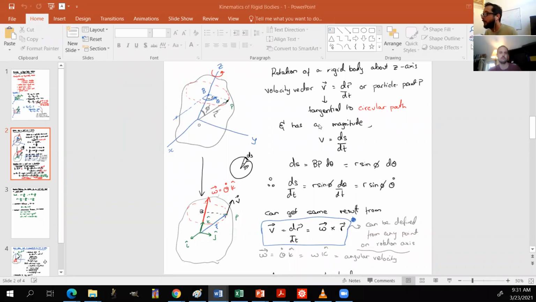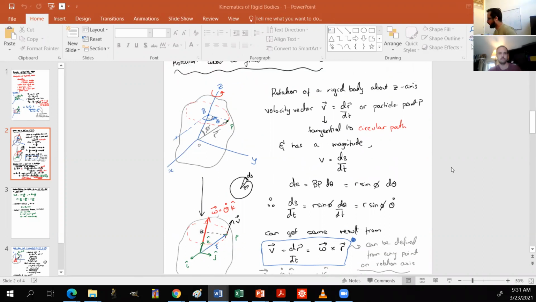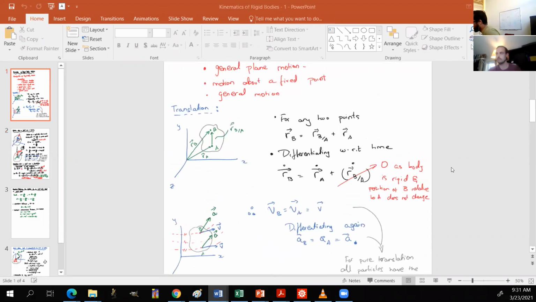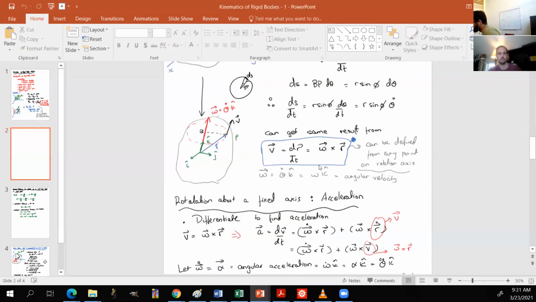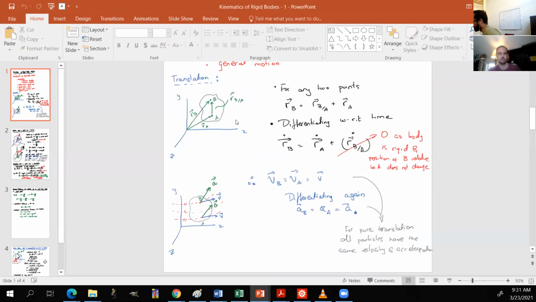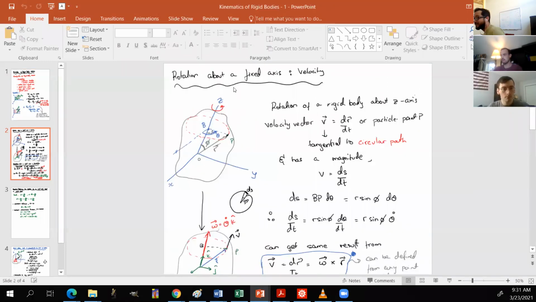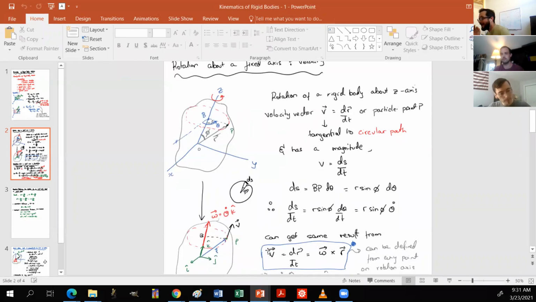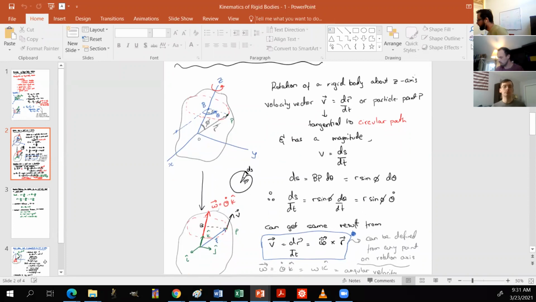All right. So what we looked at last week was that when a rigid body is in pure rotation, it's rotating about a fixed axis. The velocity at any point on that rigid body due to that rotation is given by omega crossed with r.